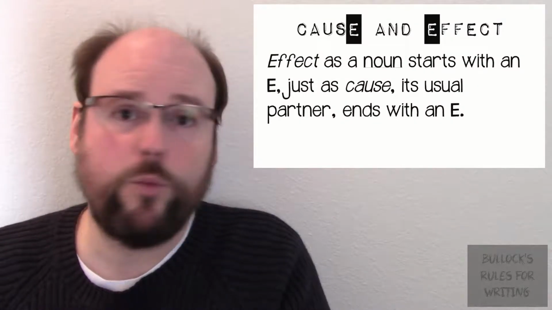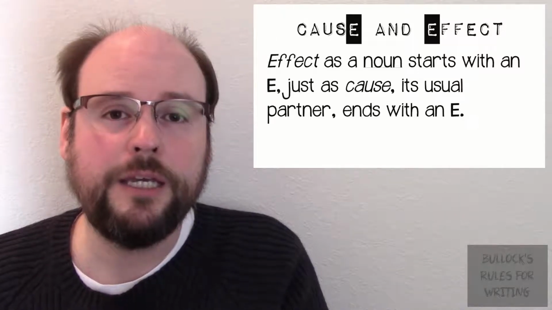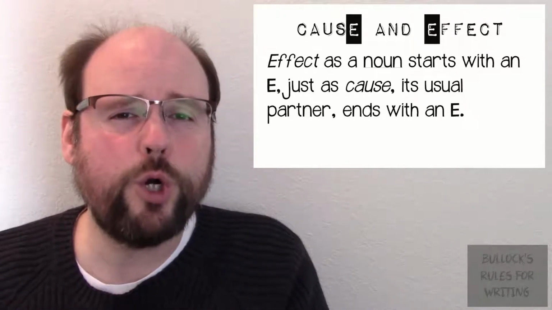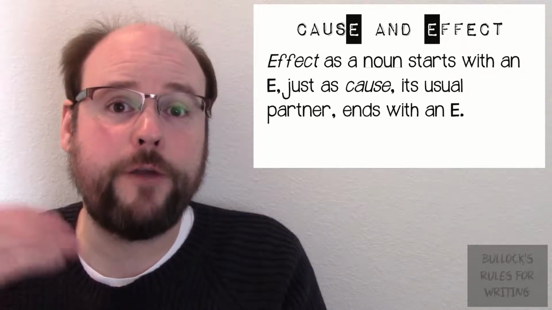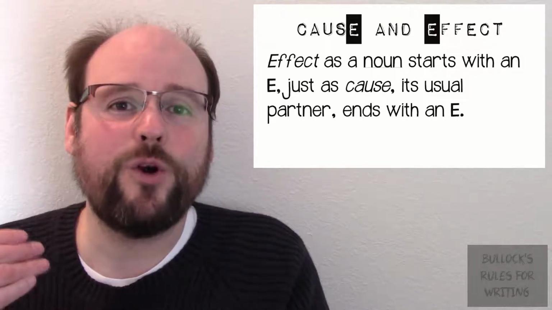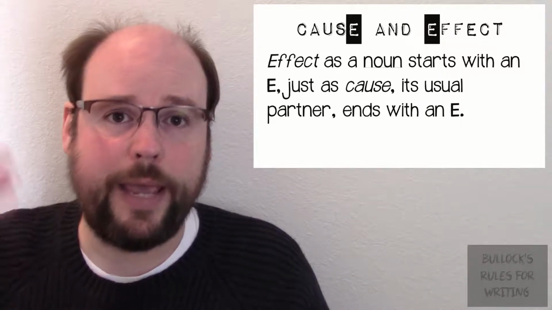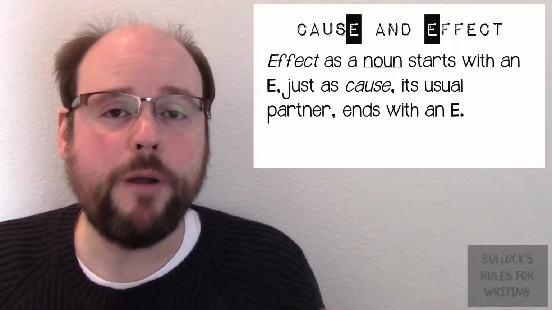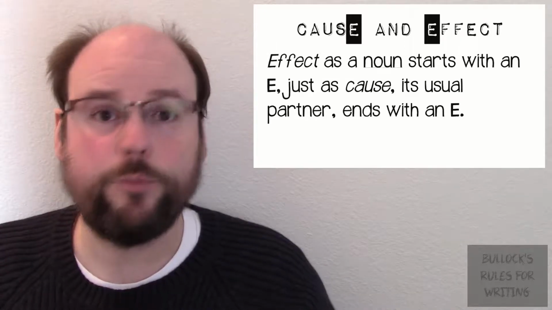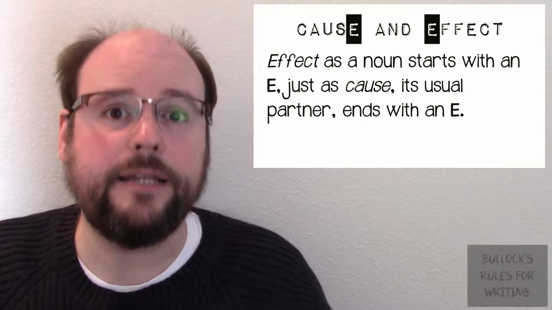Now, probably the easiest way to remember that is to remember the phrase cause and effect, which is not hard because you've probably heard that phrase about 1 billion times in your life. But here's the thing, the word cause ends with an E, and in the phrase cause and effect, the word effect begins with the E. So in cause and effect, you end on an E and start on an E. And that's a really easy way to remember, because if you're writing or proofreading a sentence where you've got the word effect, substitute cause and effect.